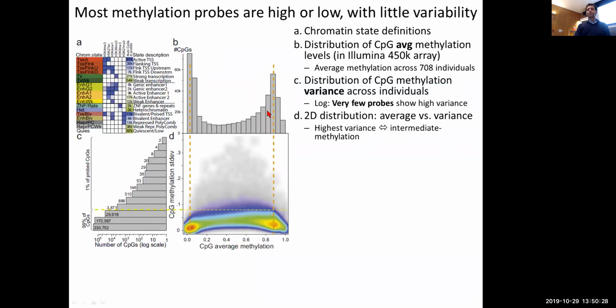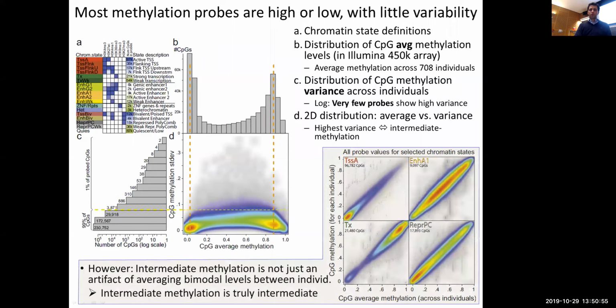And this kind of makes sense. Probes that have a very high average are very unlikely to be varying a lot, okay? And conversely, you have more room to change if you're here, whereas if you're unmethylated or fully methylated, there's much less room for change, okay?